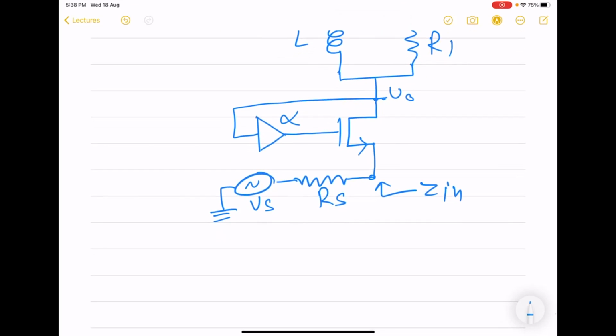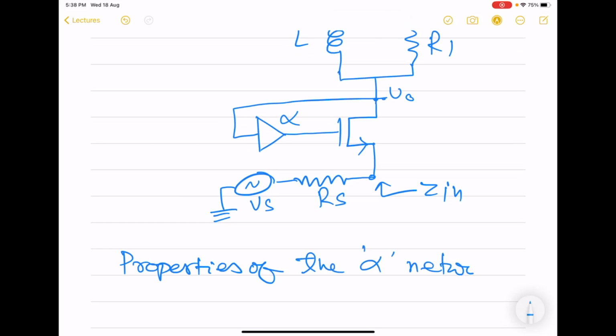And there are few properties of the feedback network, this alpha, that we will assume for analyzing this circuit for its input impedance and for the noise factor. So it senses voltage and feeds voltage.